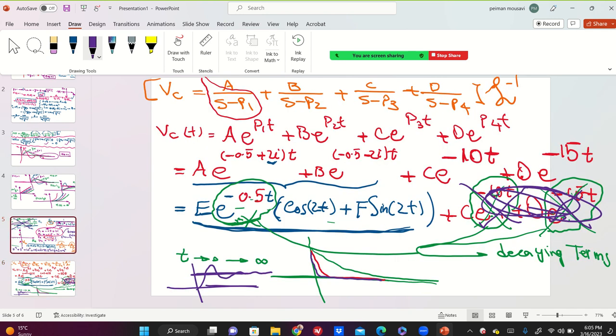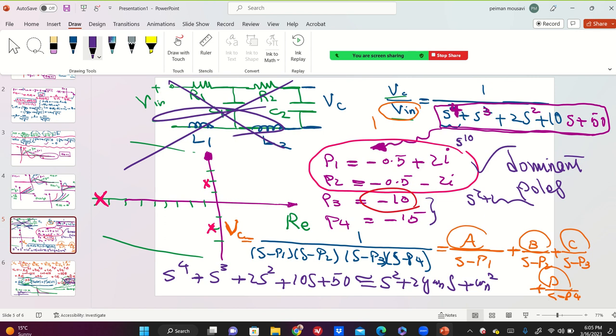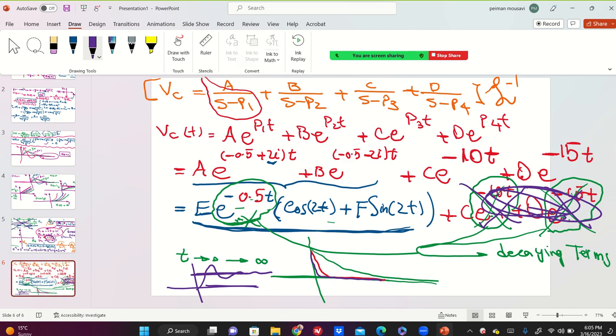So I'm talking about the dominant poles. That's the rule. Please write it down from the next page.